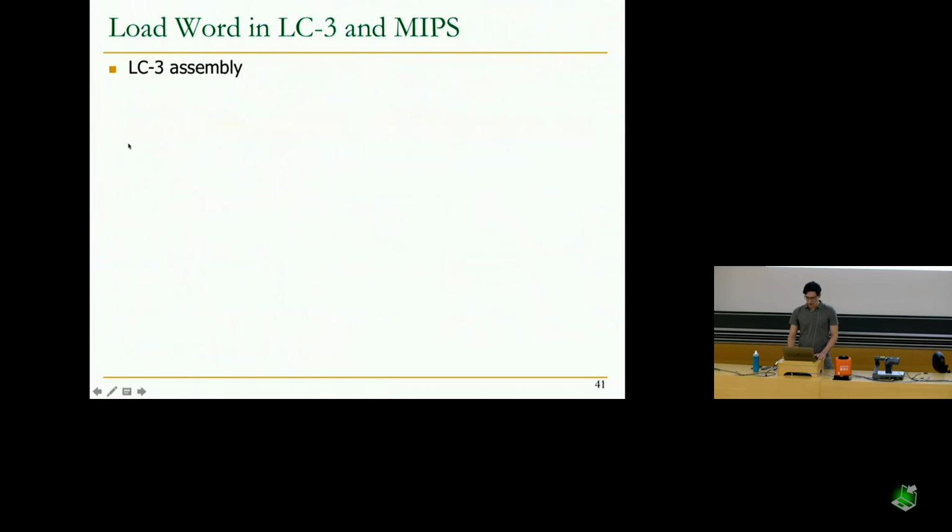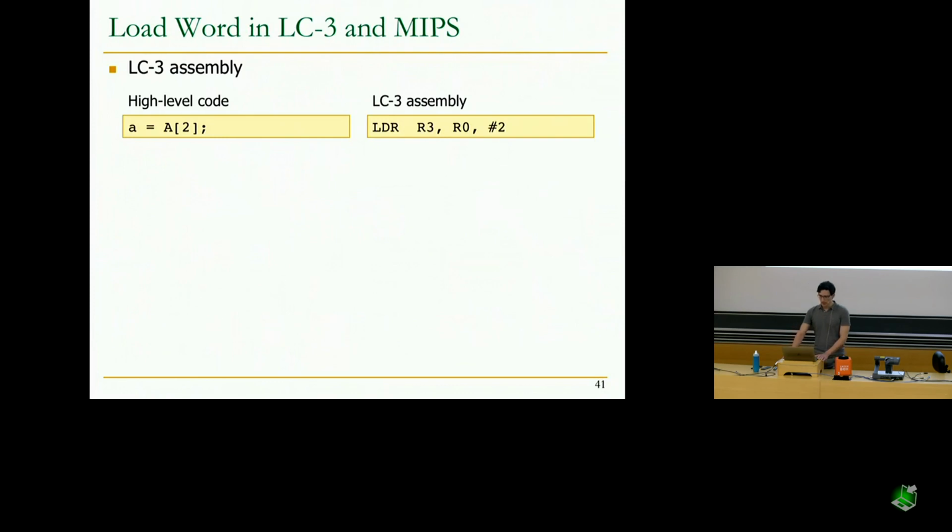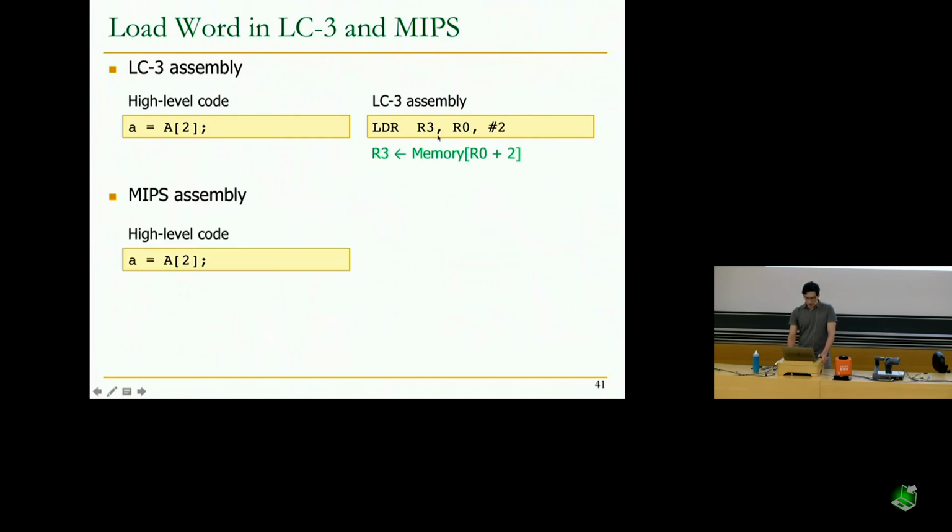So let's see how this is represented in LC3 assembly. In LC3, the instruction that we are going to use for now is called LDR. LDR comes from load register because here the base address, like the pointer to the array, is in one register, in this case R0.